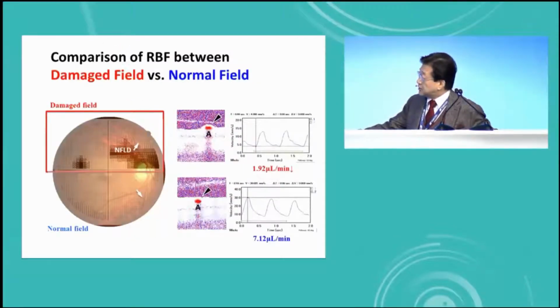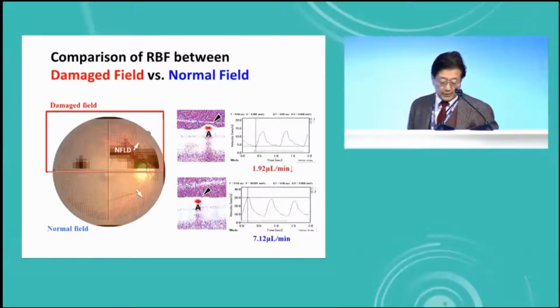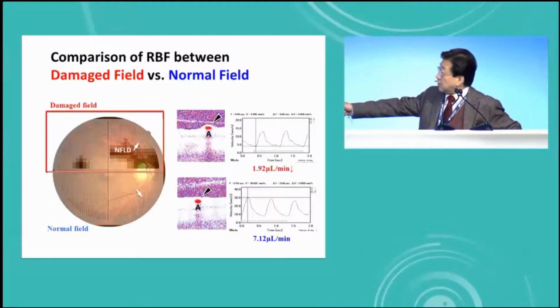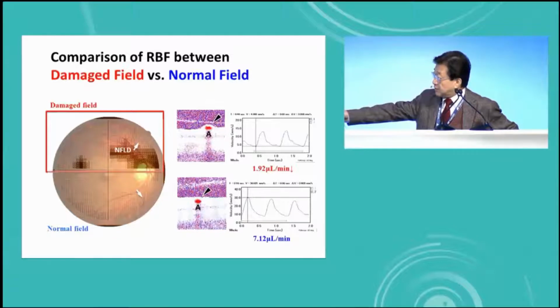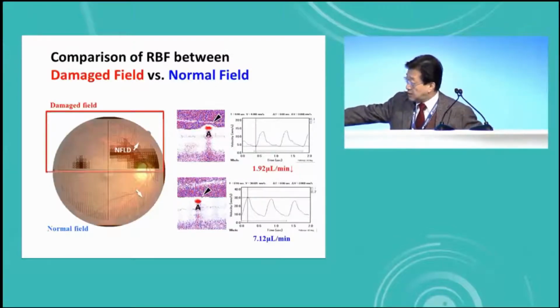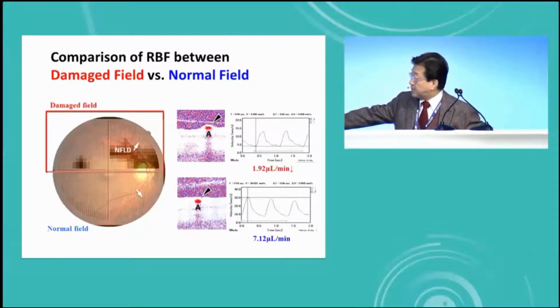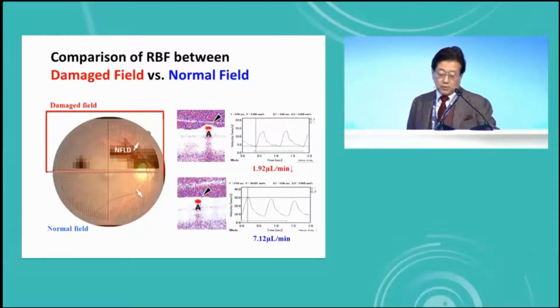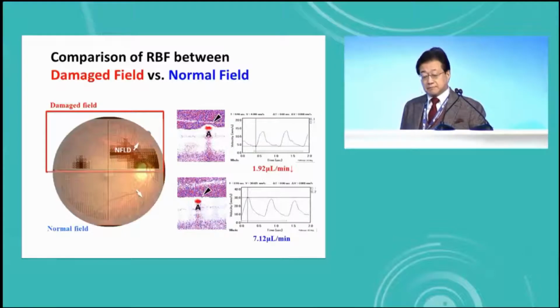We measured the blood flow in this artery and this artery. So look at this, please. This one has a blood flow of 1.92 microliter per minute, and this one is 7.12 microliter per minute.